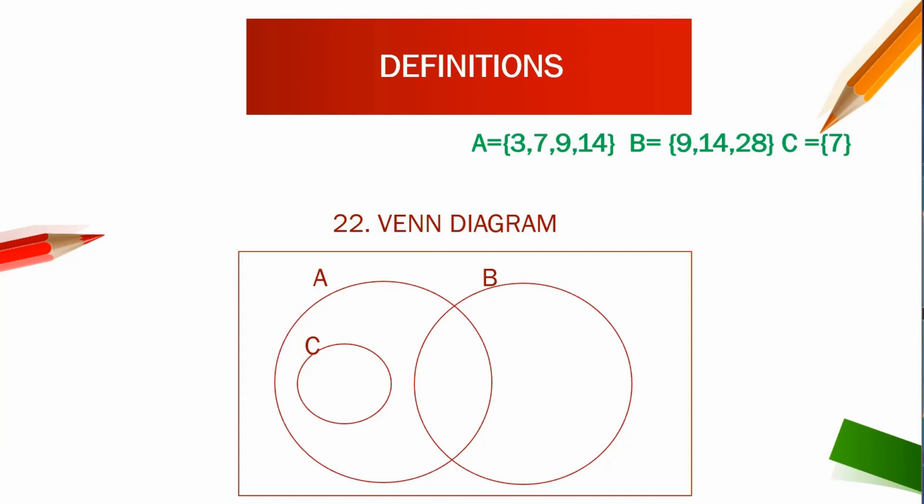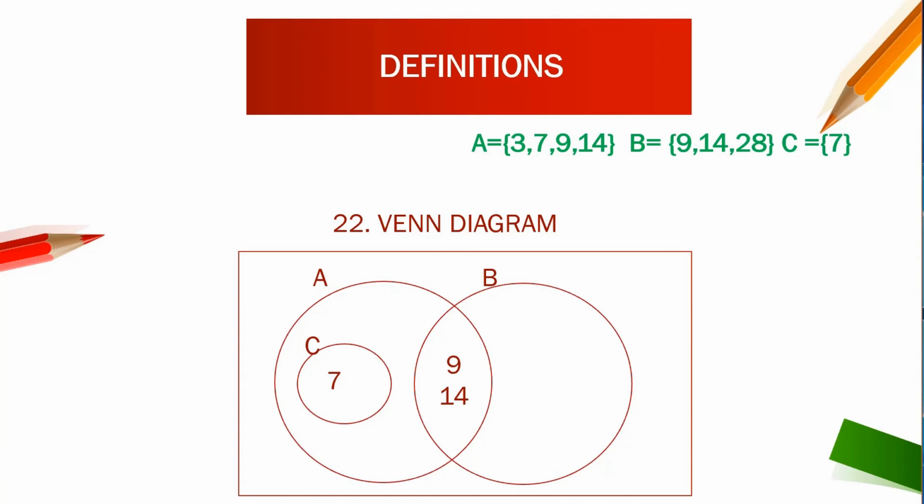Now we're going to fill out all our circles with the elements that belong to it. We can start with C, and we'll put 7 there, and that represents that 7 is in set C, and it's also part of set A. Where the two circles intersect represents intersection of sets. So that is what A and B both have in common, as we said before. So again, A and B both have 9 and 14 in common.